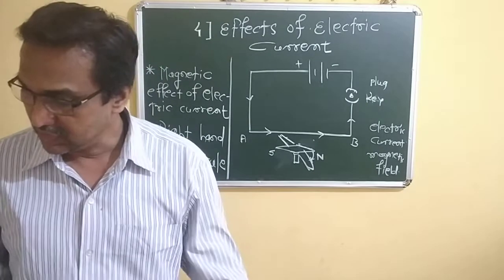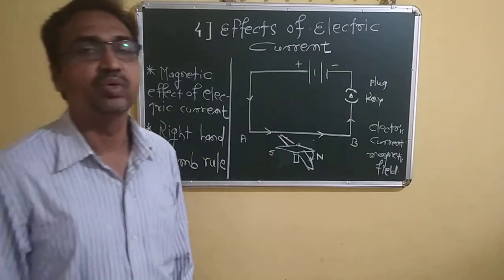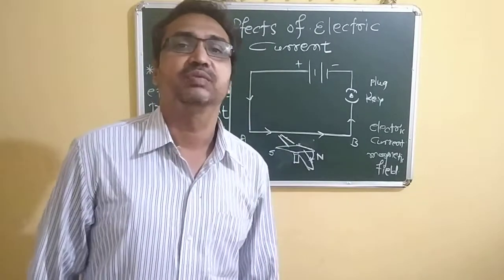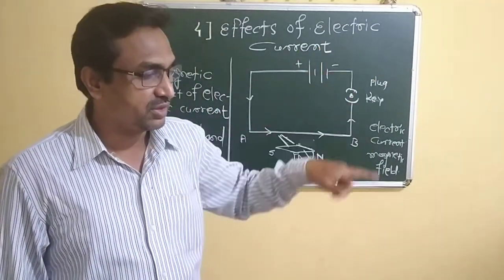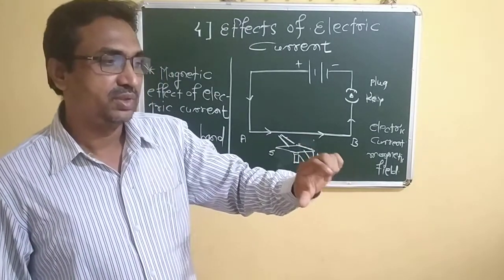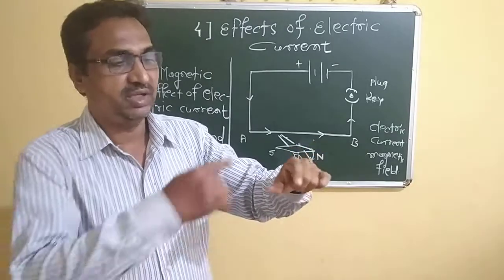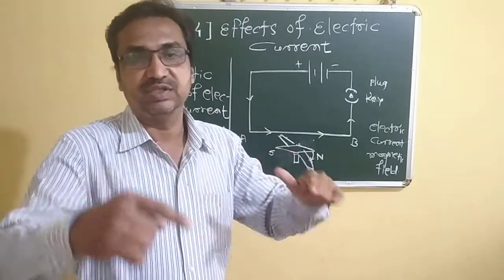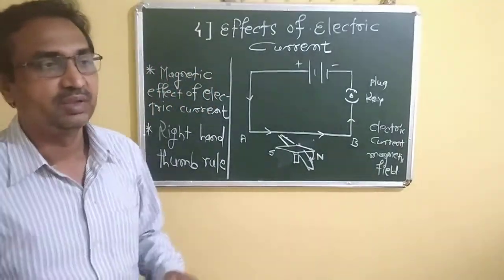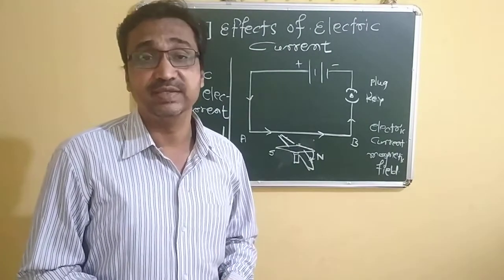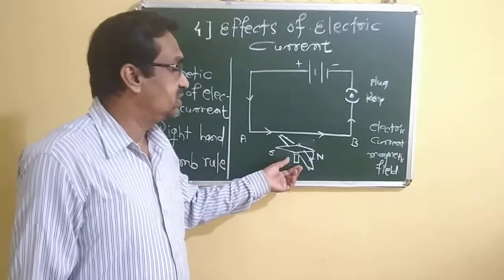In our book we can easily see that Hans Christian Ørsted found this phenomenon: when the electric current is flowing in the conductor, we can experience a magnetic field in its vicinity, the surrounding portion of the conductor, and it can be detected by using a magnetic needle.